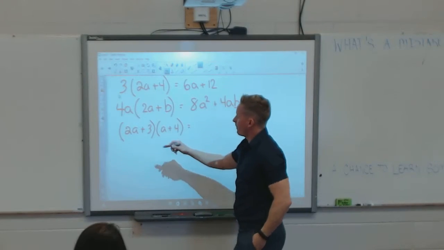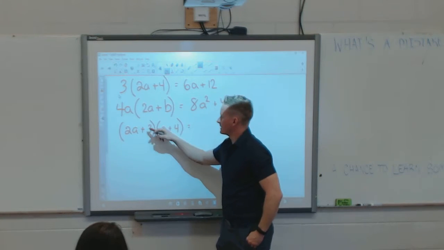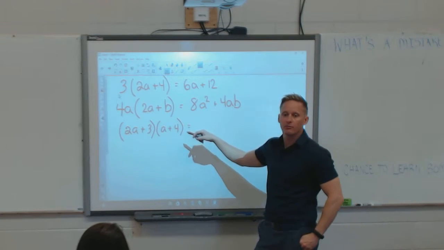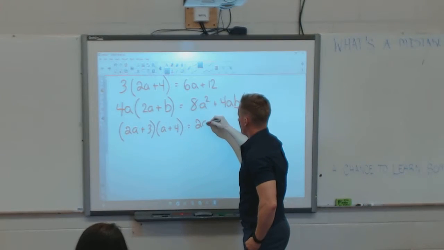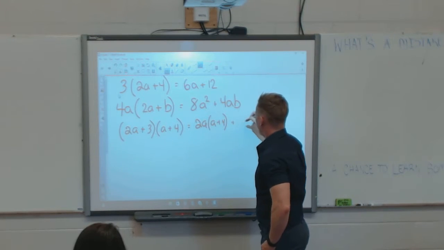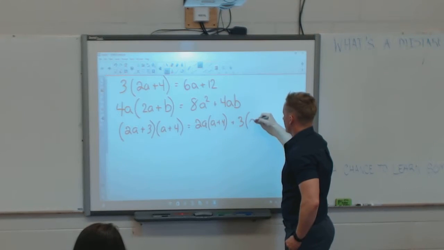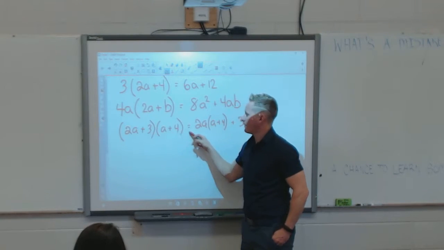All right, so now I'm going to take this 2a and multiply it through the brackets, and then I'm going to take the 3 and multiply it through that set of brackets. So essentially it looks like this: I take 2a and times it by a plus 4, and then I add 3 times a plus 4. I take these individual terms and multiply them through the brackets.